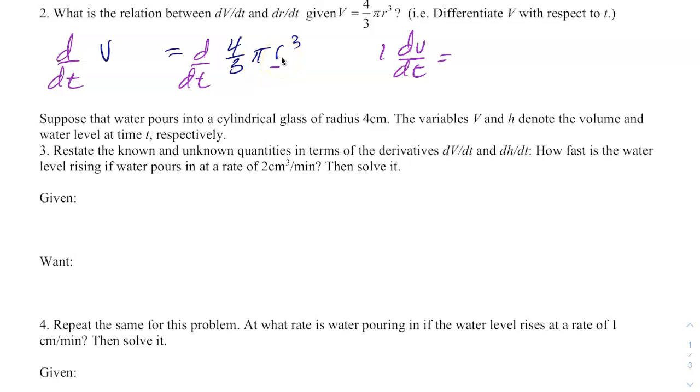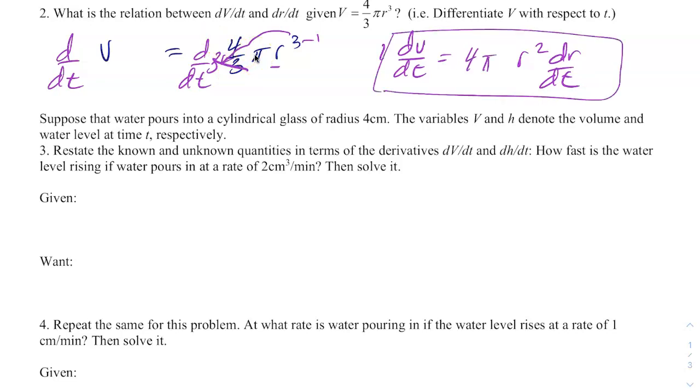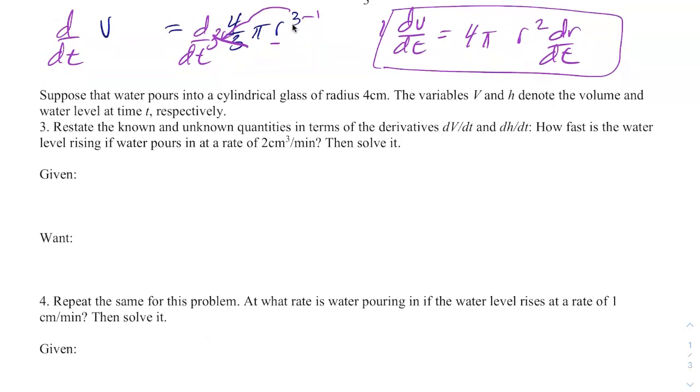So we do what we always do: bring the power down, subtract 1 off. So we get r squared, wrong variable, dr/dt. And when we brought the 3 down, it canceled the 3 in the denominator, so we're left with just 4 pi. So there's the answer. That's the relationship between dV/dt and dr/dt.